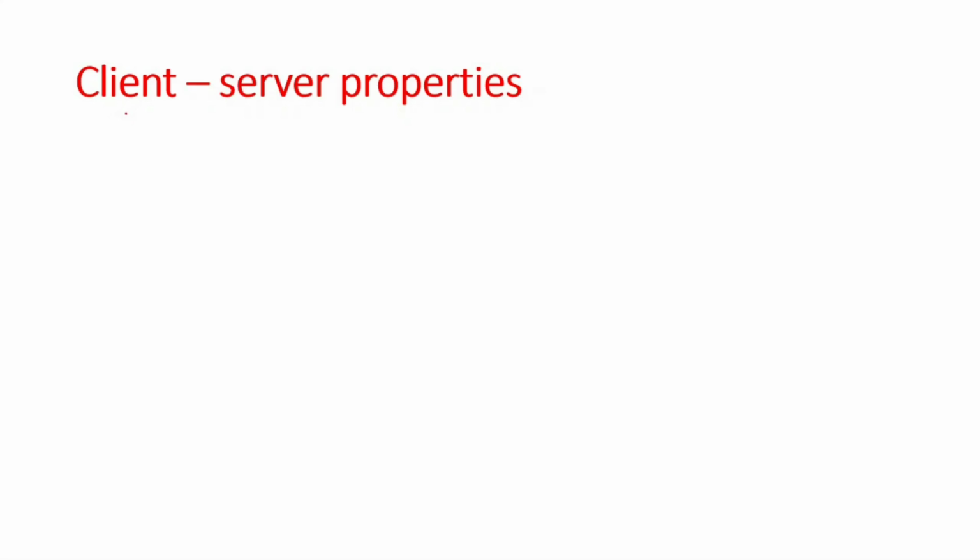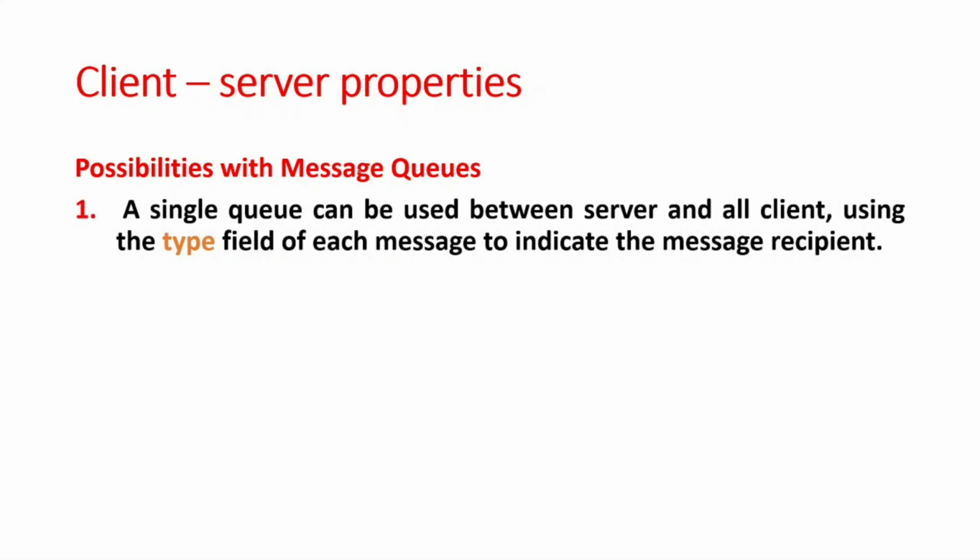Let us look into the client server properties with respect to the possibilities with message queues. There are two possibilities for a client server arrangement using a message queue. The first one is a single queue. A single queue can be used between the server and all clients, using the type field of each message to indicate the message recipient.